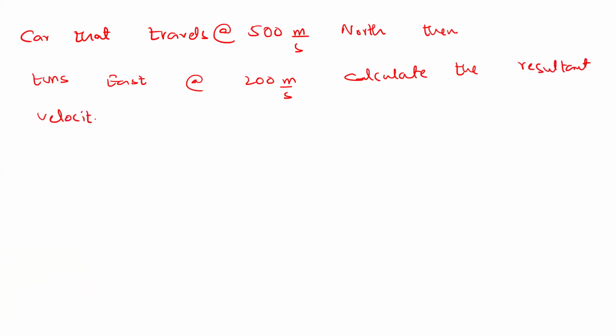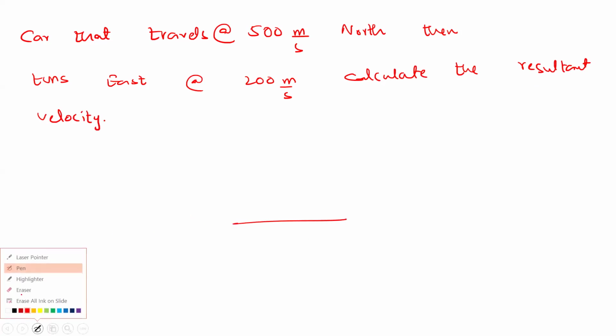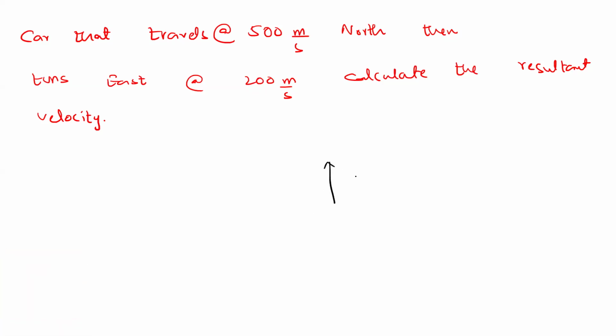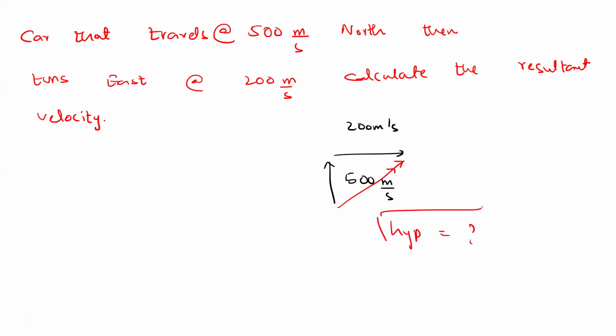How do you go about it? Any suggestions? Again, drawing, maybe Pythagoras theorem: 500 meters north, and then 200 meters per second east. This is what they're interested in, right? You don't have to actually draw the two vectors; you can use Pythagoras theorem to work the hypotenuse out. Is this understood? Yes, sir.